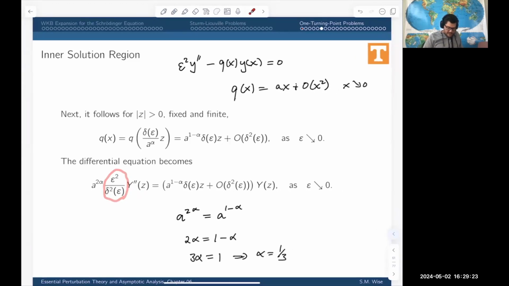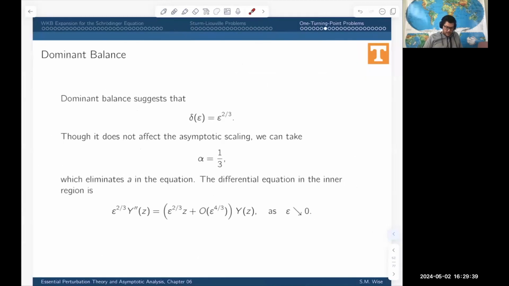You do the same thing in order to find delta through dominant balance. You balance this term with this term. The only difference is this is not really a dominant balance, balancing a. I'm just balancing it so that I can divide it through and get rid of it, and then there's going to be no a appearing in the equation anymore. So this is the equation after I've divided through by a.